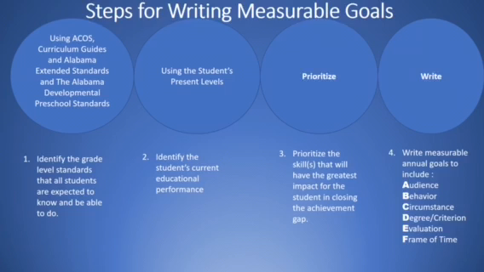Then we're going to write measurable goals, which include the audience, which is the student, the behavior or skill the student will be expected to master, the circumstance or the strategy under which this goal will be measured, the degree or criterion for the goal, how mastery of the goal will be evaluated, and the time frame during which the goal will be completed.